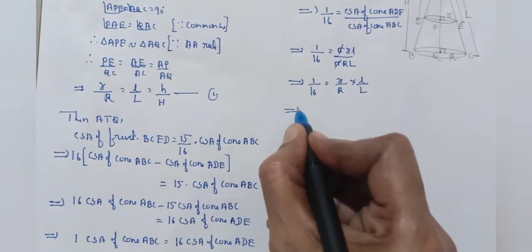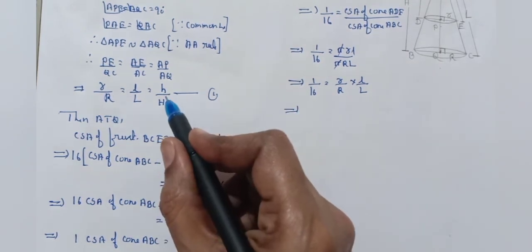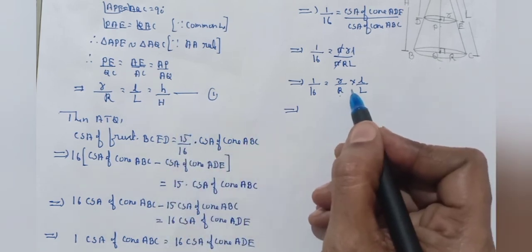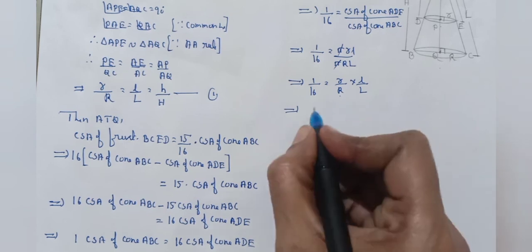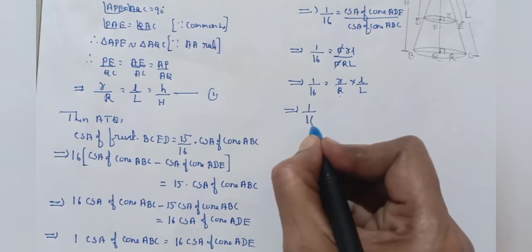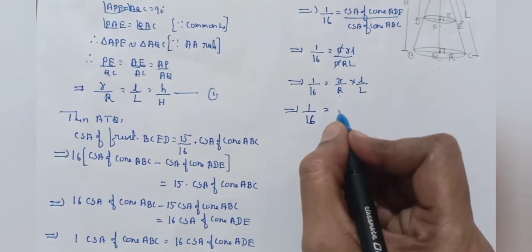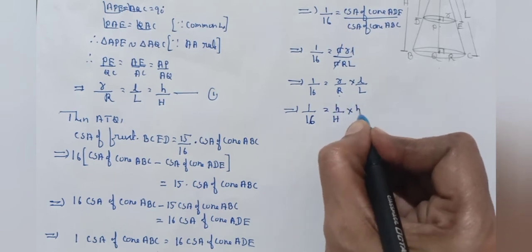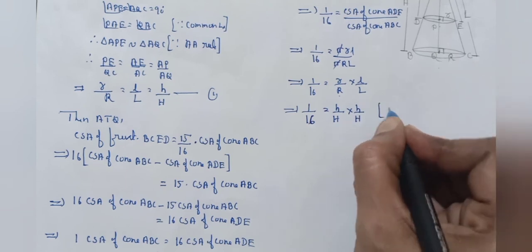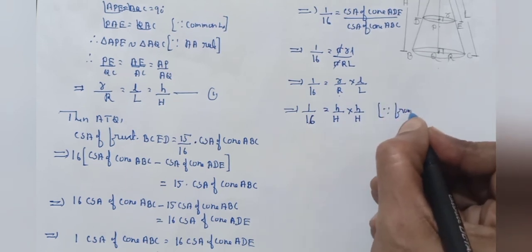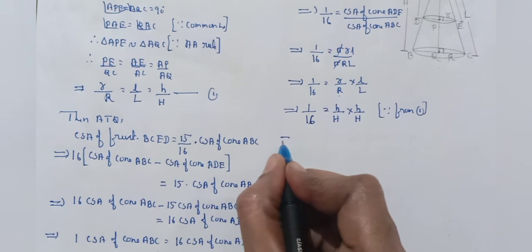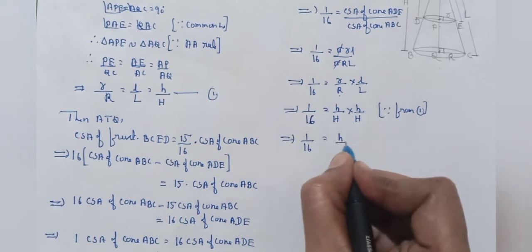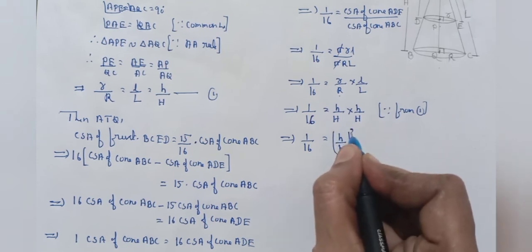So we can substitute small h by capital H in place of small r by capital R and in small l by capital L. So 1 by 16 is equal to small h by capital H into small h by capital H, from equation 1. Then 1 by 16 is equal to h by capital H whole square.